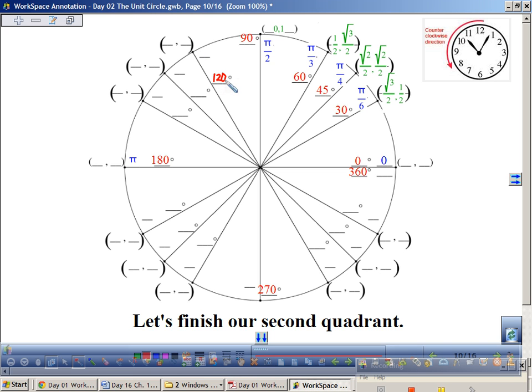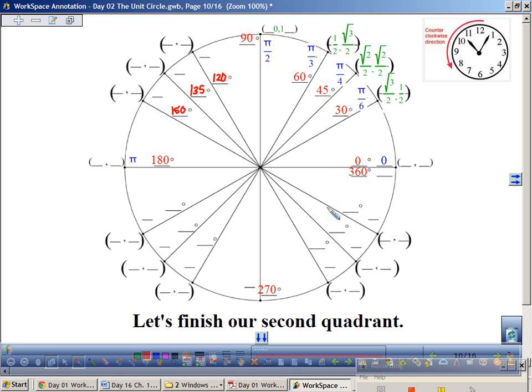Then what would this be? If that's 120 and that's 150, what's this? 135, right? Because to go from here to here is 30 degrees, so half of that's 15. So you guys can finish, right? Totally. It's jumping by 30, then 15, then 15, then 30, then 30, then 15, then 15, then 30.